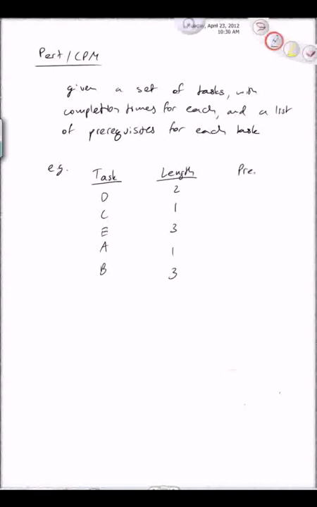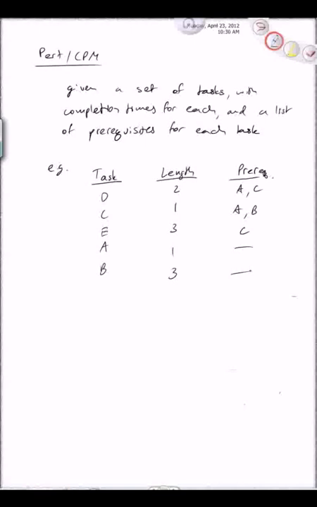And then they might have some prerequisites. So for example, before we can start doing task D, we have to complete tasks A and C. Maybe we have to complete tasks A and B before doing task C. Maybe just task C before doing task E. And let's say tasks A and B have no prerequisites.